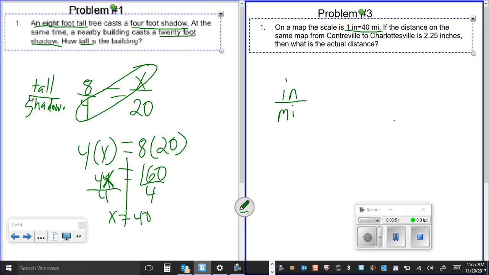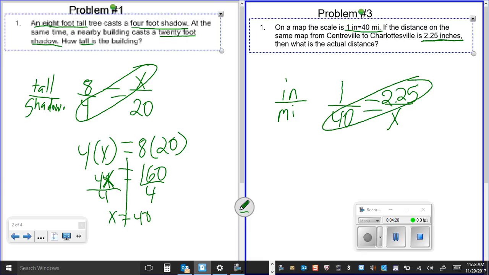We can use 1 over 40, and then we have to find our second ratio in our second sentence. The distance is 2.25 inches, so I find where inches is. That's at the top. It's going to be 2.25 over x. We do not know how many miles it's going to be.